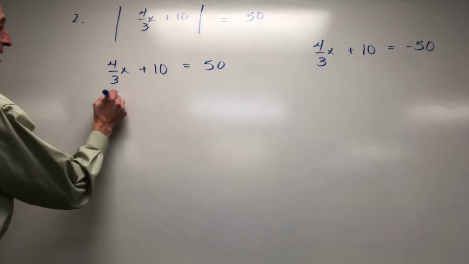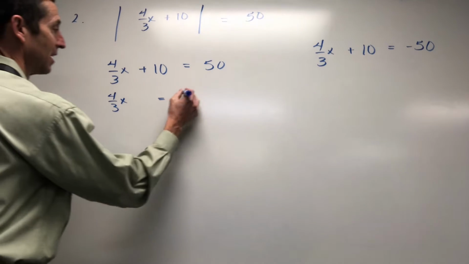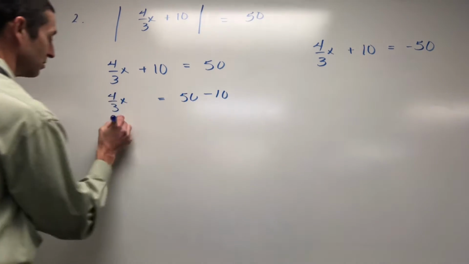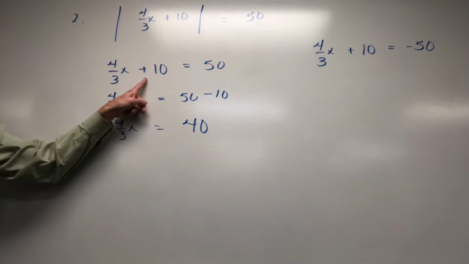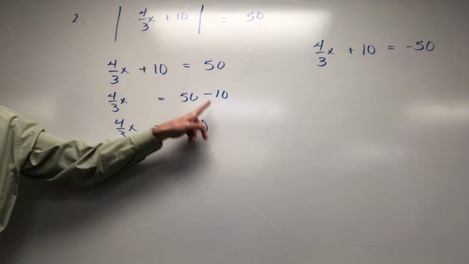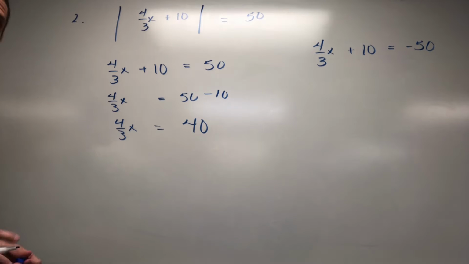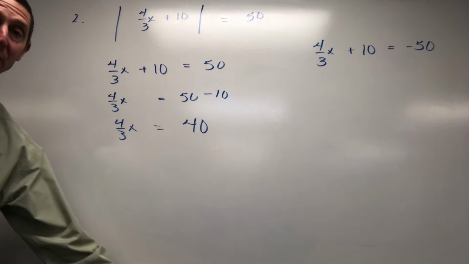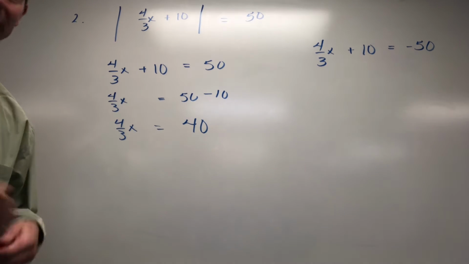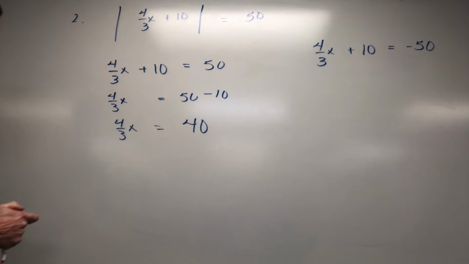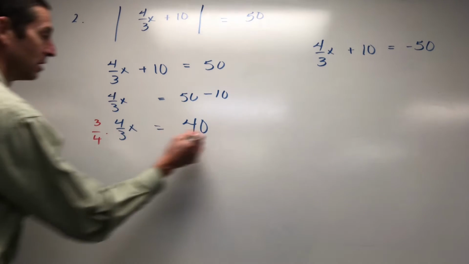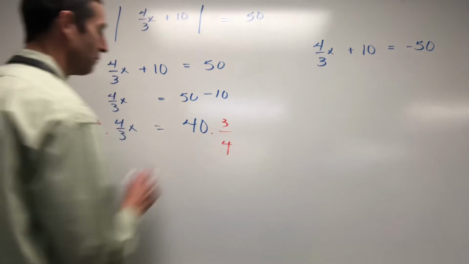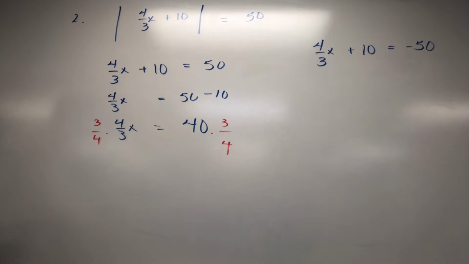Let's do a little algebra. Let's get rid of that 10 first. It was positive 10, so we subtract it. 50 minus 10 is 40. Uh-oh, 4/3. Do you remember how to get rid of a 4 over 3? We hit it by the reciprocal, 3 over 4. So we multiply by 3 over 4, and that's going to help us get rid of this fraction.